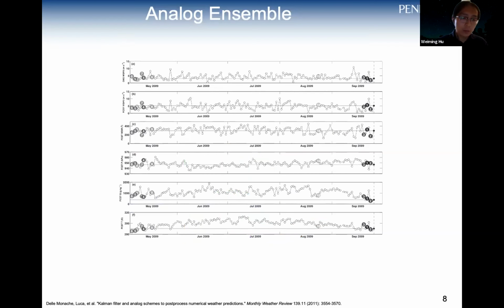This figure is adopted from Dr. Delle Monache in the paper that first proposed analog ensemble. It is trying to predict wind speed, and to your far right, there is a black dot with a reference line. That is the current forecast that we're trying to find analogs for. And then those labels show you the 9 analogs we found throughout this historical period.